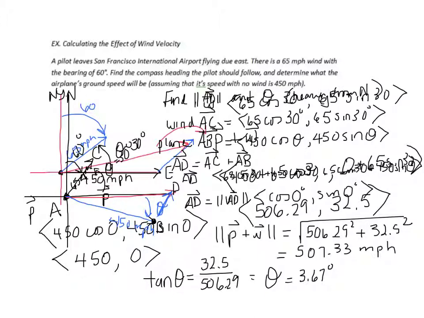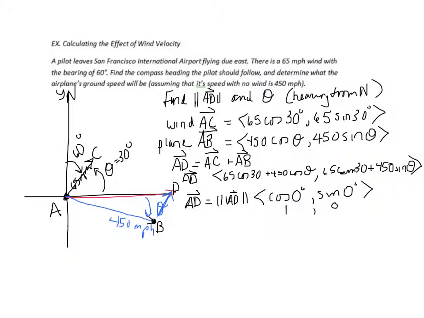The cosine of 0 is 1, the sine of 0 is 0. So we know that the second component is equal to 0. Since these are both AD vectors, they're equal. So I would have 65 sine 30 plus 450 sine of theta is equal to 0.